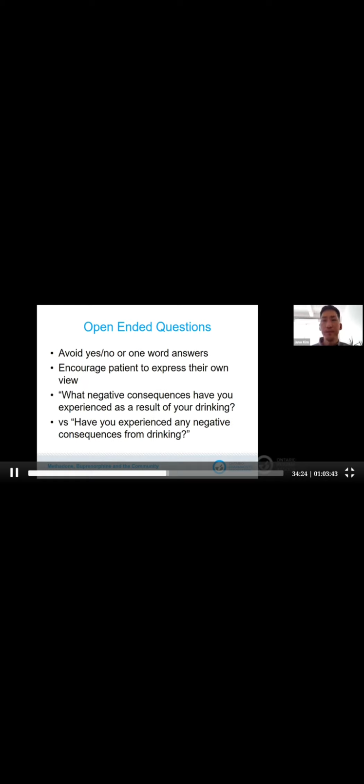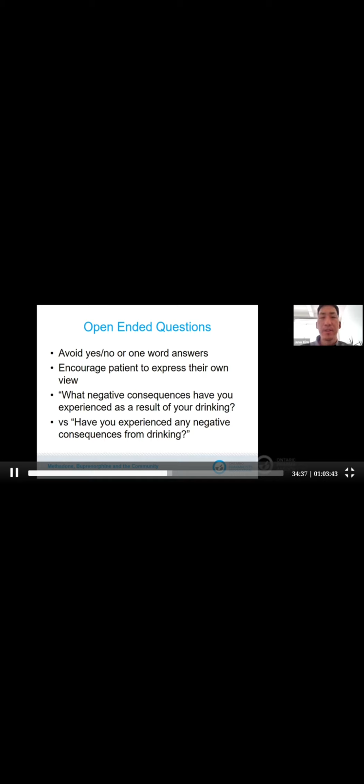So key MI skills include an acronym called OARS, which stands for open-ended questions, affirming and supporting, reflective listening, and summarizing. So whenever we're asking questions with the patients, we always want to ask open-ended questions. So we're avoiding yes or no or one-word answers.